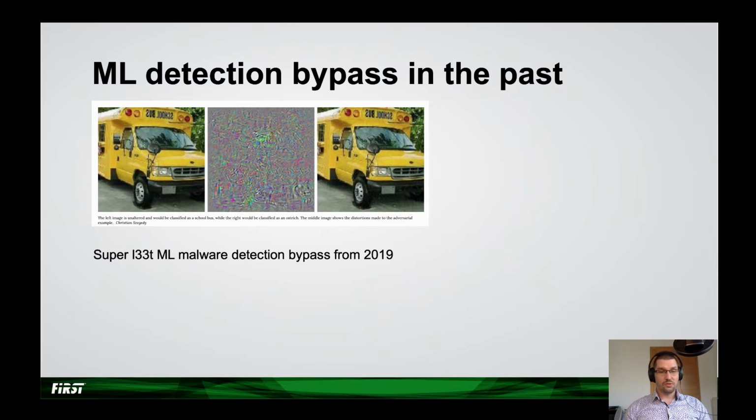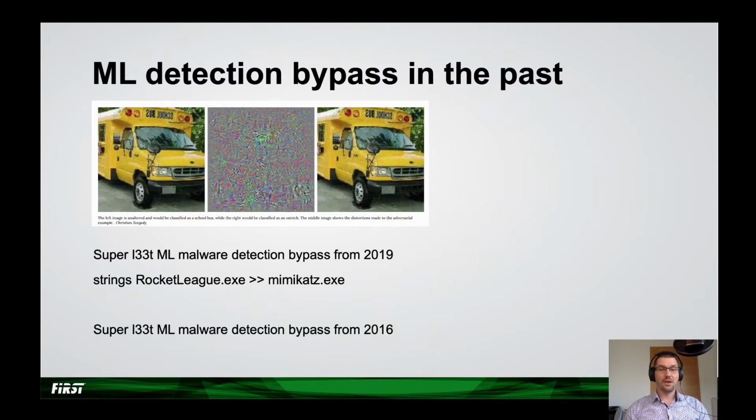Machine learning is also used in malware detection, and there was an amazing machine learning malware detection bypass 2 years ago. You just basically had to extract the strings from a known game and just append this to the end of known malware. And this is how you were able to bypass some machine learning models.